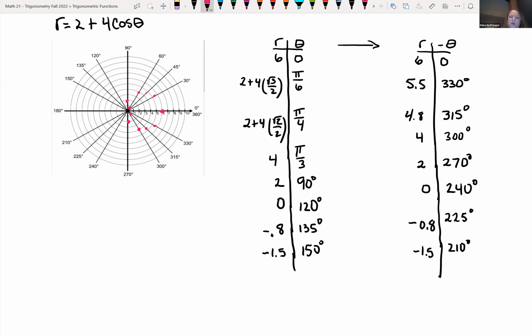Oh, that was 135 degrees. Did I do that right? 135. Yep. 225. It's on the wrong line.